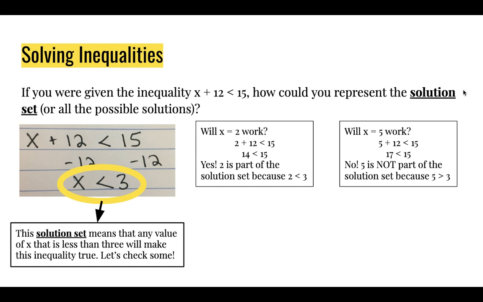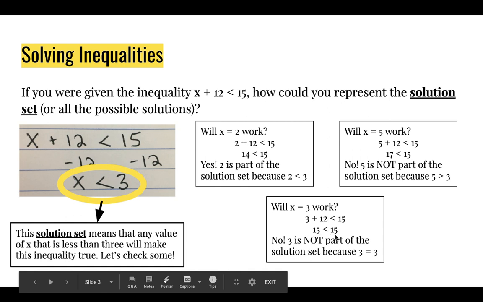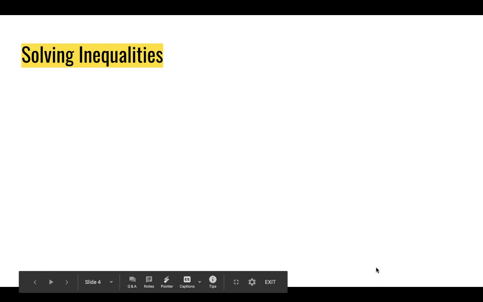When we go back and check, we can see that indeed 17, 5 plus 12, is not less than 15. So this is not correct. 5 is not a solution. What about 3? 3 also does not work because 3 is not less than 3. 15 is not less than 15. They're equal to each other. So no, 3 is also not part of this solution set.